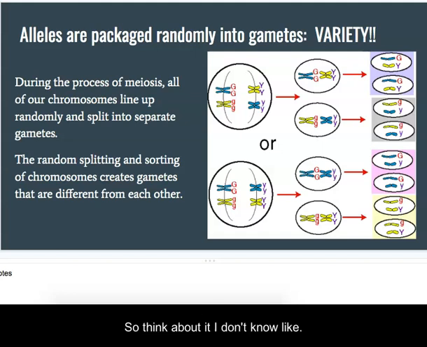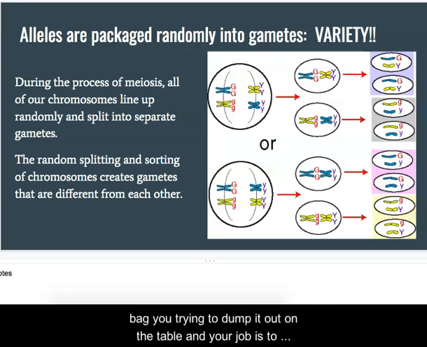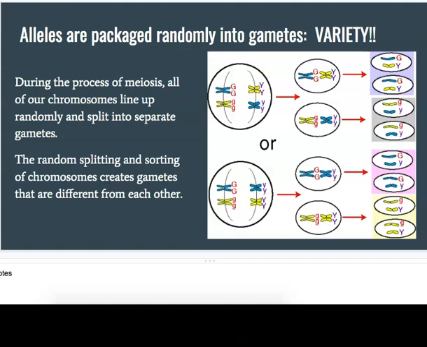So think about it like a random bag of Skittles, and you have one full bag, you dump it out on the table, and your job is to line them up in pairs and then split them into 2 equal groups and then split those into 2 equal groups. So you end up with 4 equal piles of Skittles.